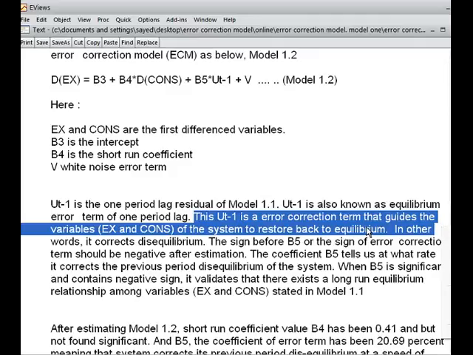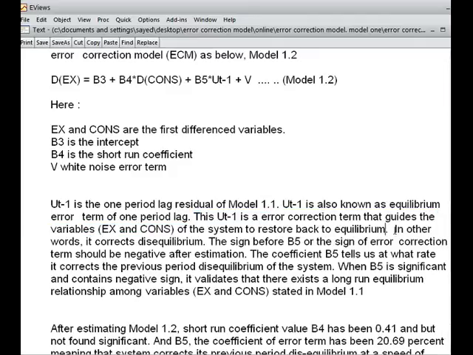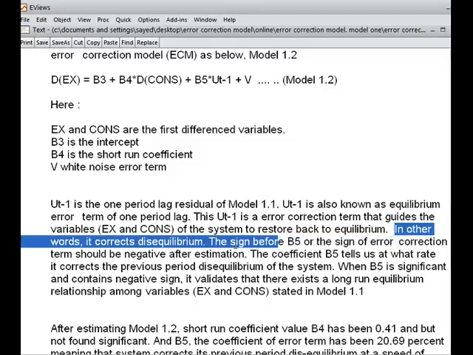In other words, it corrects the disequilibrium. That means the error correction term actually rectifies the disequilibrium in the system model. That is its task, its action, to correct the disequilibrium in the system.